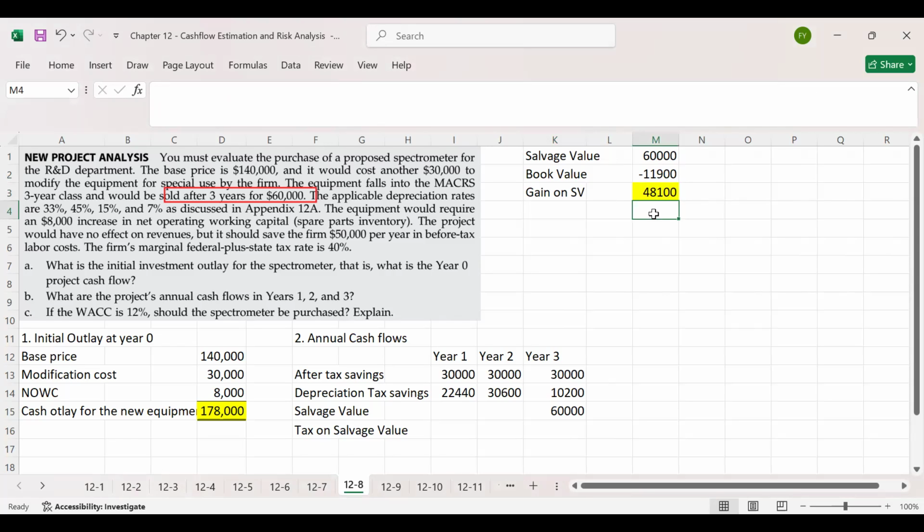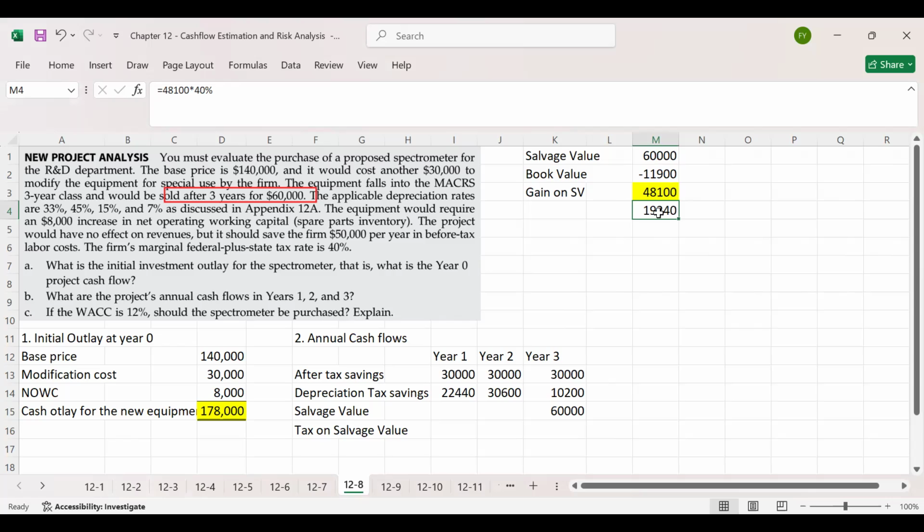So here we have 48,100 multiplied by 40%. So this is the amount. This is the tax on salvage value. What we did, we deducted the book value from the salvage value, and we got gain on salvage value because book value is less than salvage value.